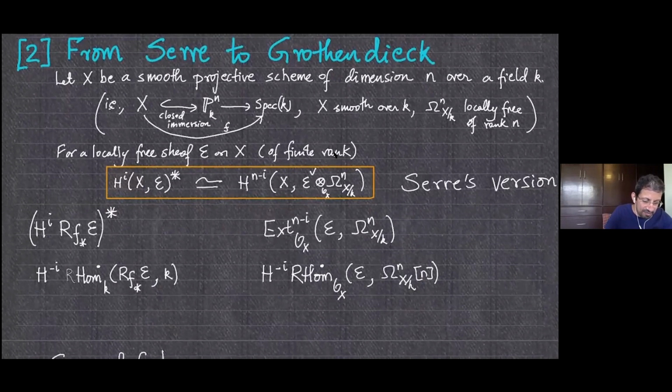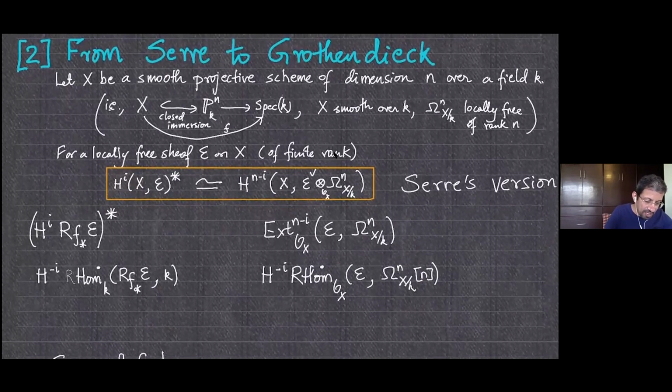So first, let's start with the classical, the earlier version, which was due to Serre, which is the following: you start with a smooth projective scheme of dimension n over a field k. By definition, a projective scheme is of finite type, defined by finitely many polynomials, and more generally it is obtained as a closed immersion into projective space.